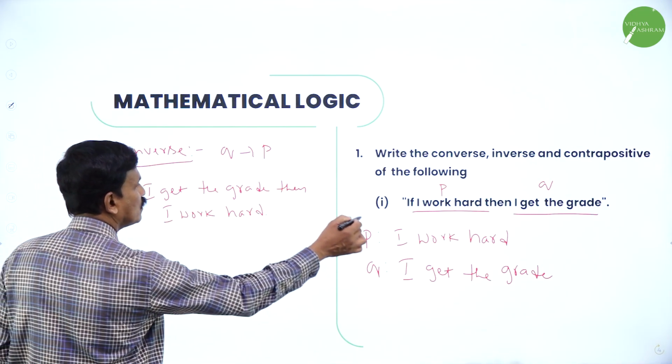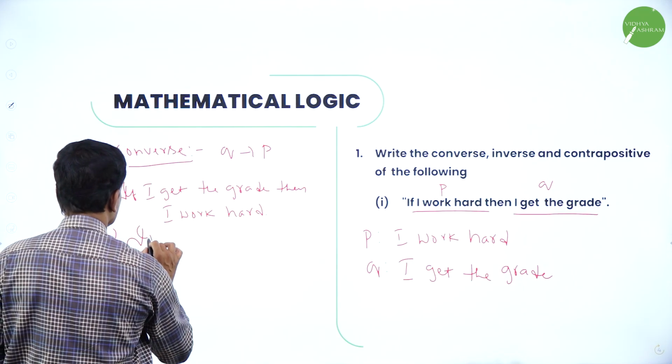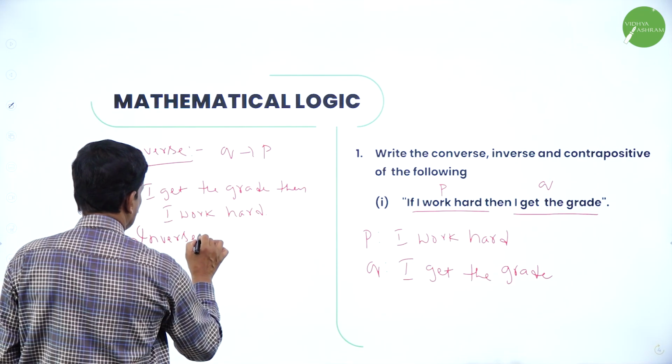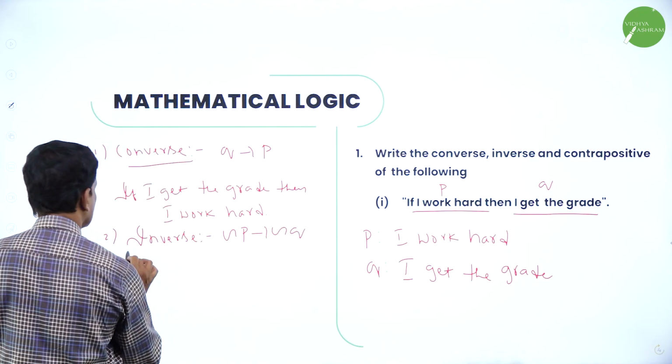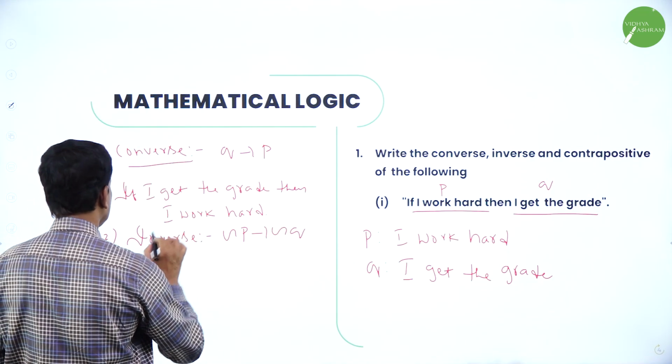Next, the second one is the inverse. What is the inverse? Negation P conditional to negation Q. What is negation of P?